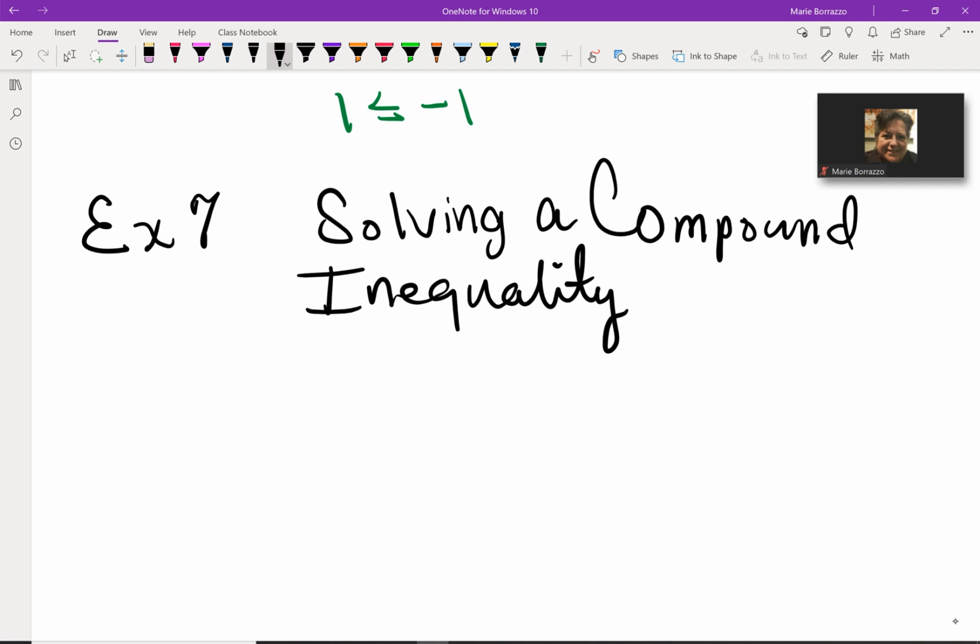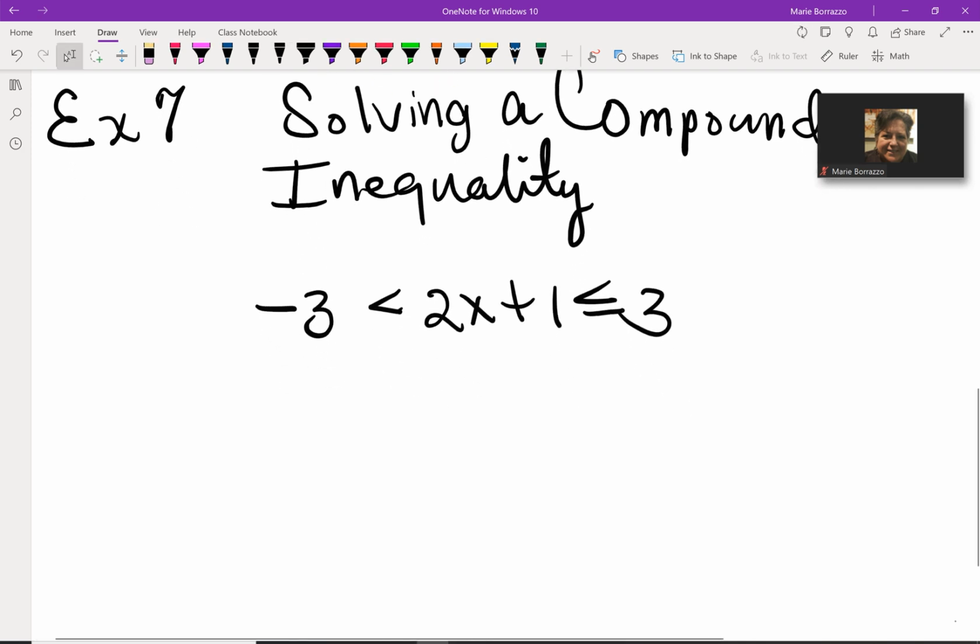So in this one, they're going to start you with −3 < 2x + 1 ≤ 3. And so if we begin to solve, notice that this is almost like an absolute value where you have an x in the middle, except it isn't an absolute value. So step 1 is we're going to subtract the 1 in all 3 sides of the inequality.